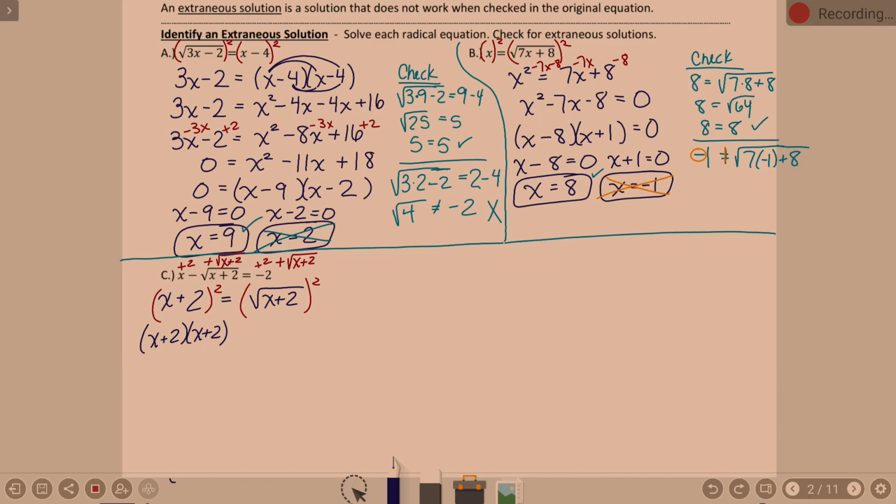So what are we going to get when we FOIL? X times x is x squared, plus 2x, and then we have what? Plus 2x and plus 4. Or cleaned up, it is x squared plus 4x plus 4.